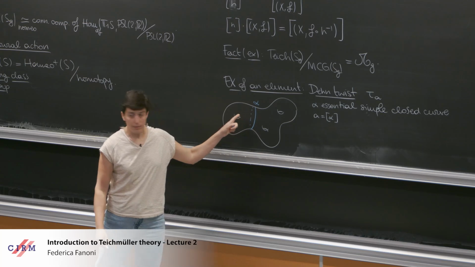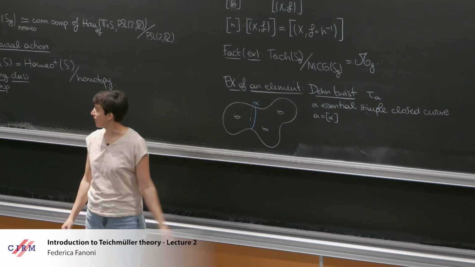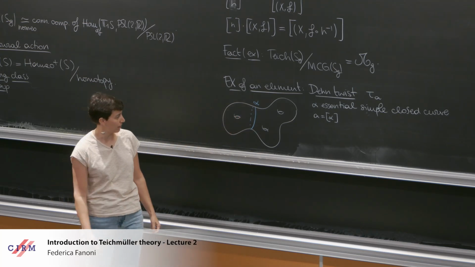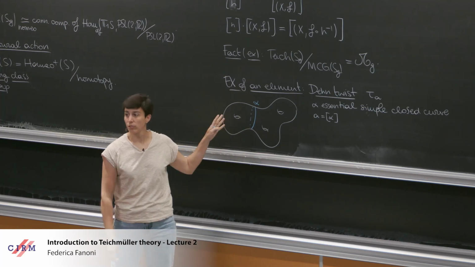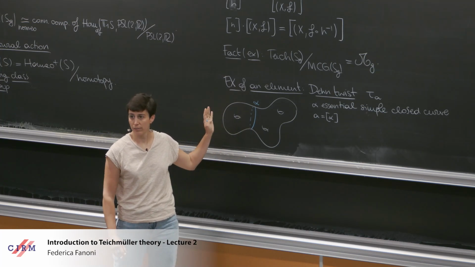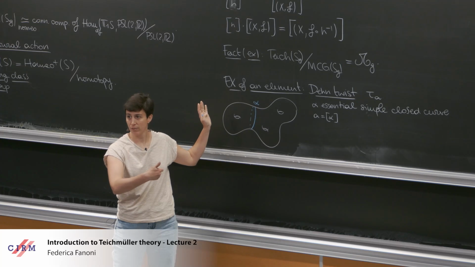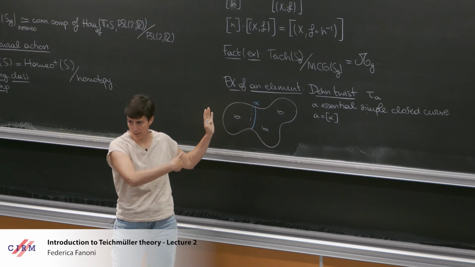So what does this thing do? This is very related to the twist that we had before. If you do a Dehn twist about alpha, you cut the surface about alpha, you keep one side fixed, you twist the other one by 360 degrees, and you glue back.